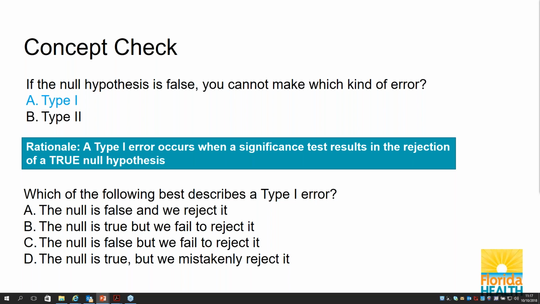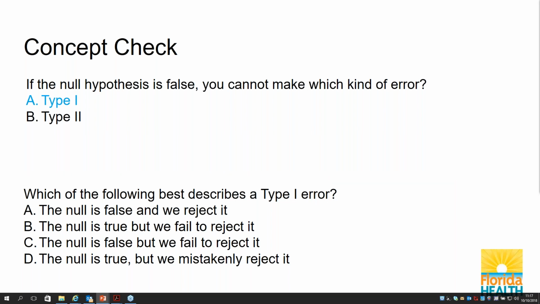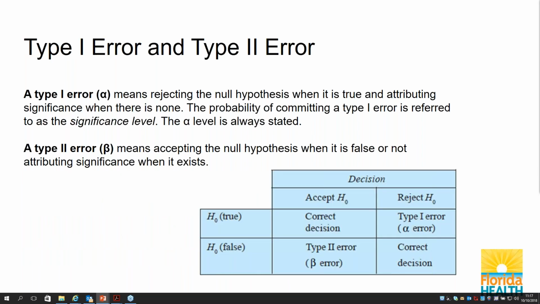Which of the following best describes a type 1 error? All right, so let's go back. A type 1 error means rejecting the null when it is true and attributing significance when there is none, right? So you are basically saying that you reject the null.